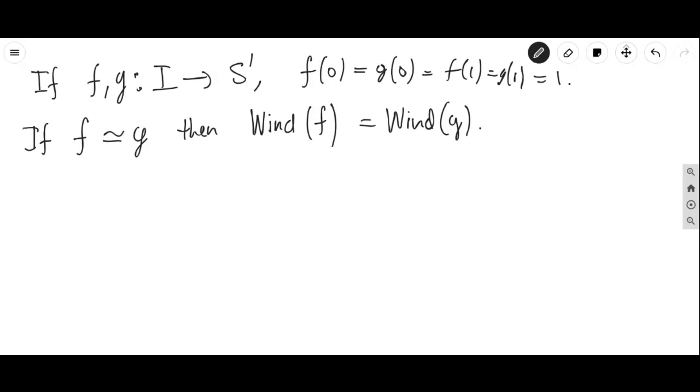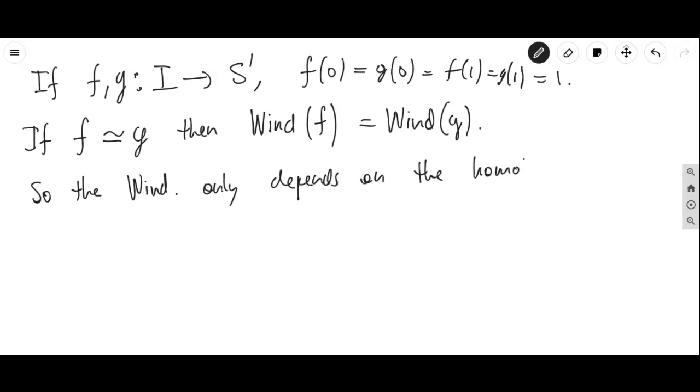And so the winding number only depends on the homotopy class. That's what we're going to show next.